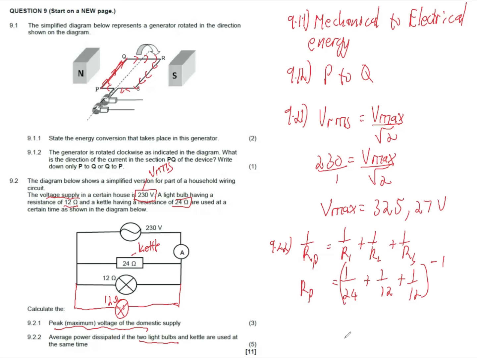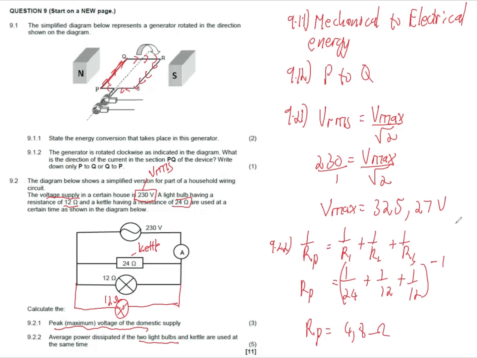So 1 over 24 plus 1 over 12 plus 1 over 12, and then all inside the bracket to the exponent of -1. So our resistance of parallel will be 4.8 ohms, right?